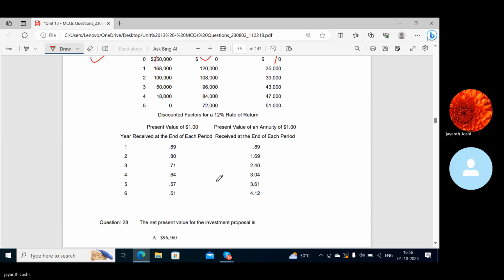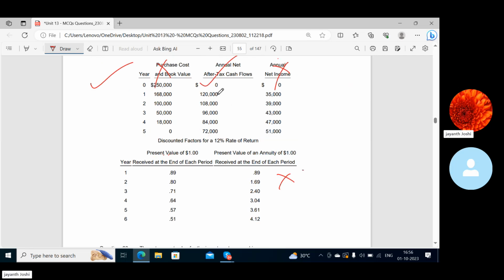So you have present value of $1. We don't want annuity because the cash flows are not equal every year. So you'll be multiplying with 0.89, 0.80, 0.71, 0.64, 0.57. Just multiply and tell me.